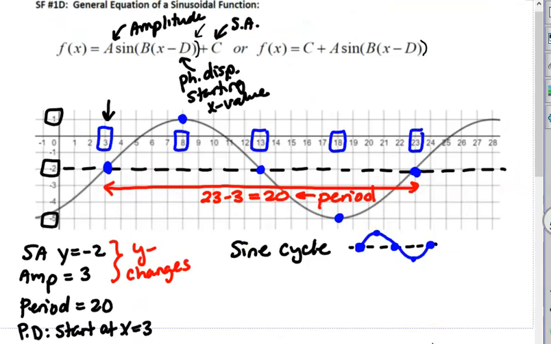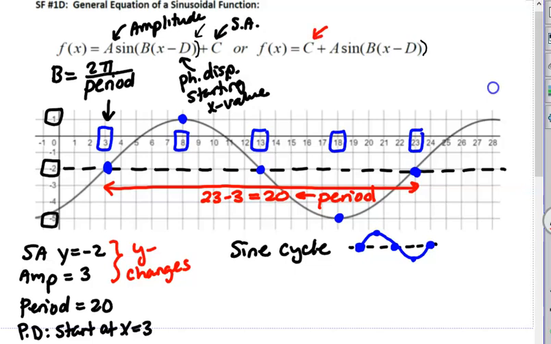That means in our notes here, let's write this. B is equal to 2 pi divided by the period. Now you might be wondering why I have this other equation over here. The only difference is that I took C from the end of the equation at the last piece and I moved it up front. I actually like this version of the equation better, and here's why.